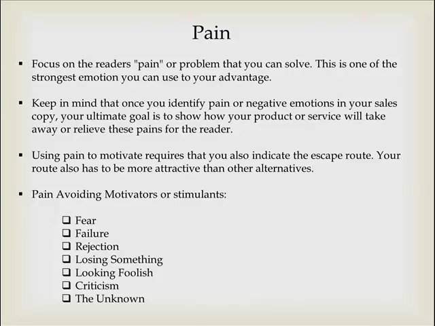Failure is another thing that people do not like to have. If we do not obtain these goals that we're talking about in our sales copy, we label ourselves as failures. So you need to be able to take that person and say, look, the way you're doing things right now is going to lead you to failure. You need to follow what I'm going to be teaching you to overcome this and achieve the success that you're looking for.